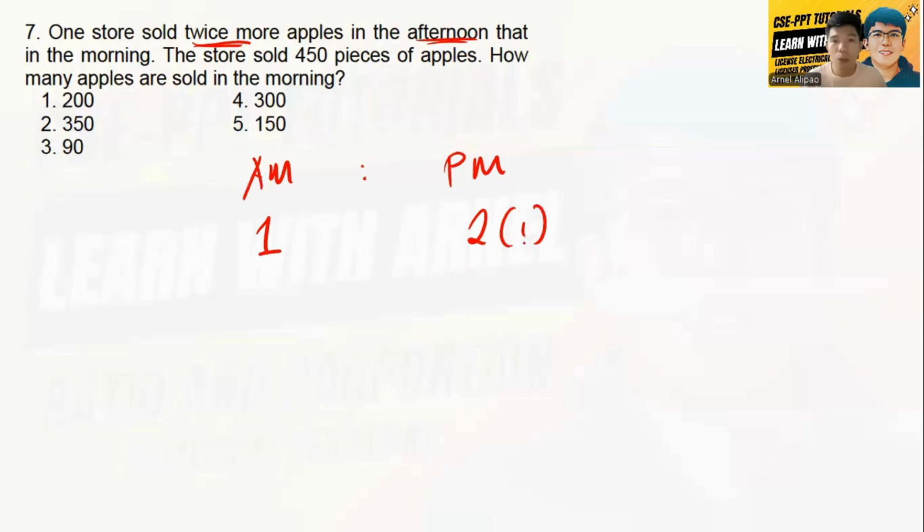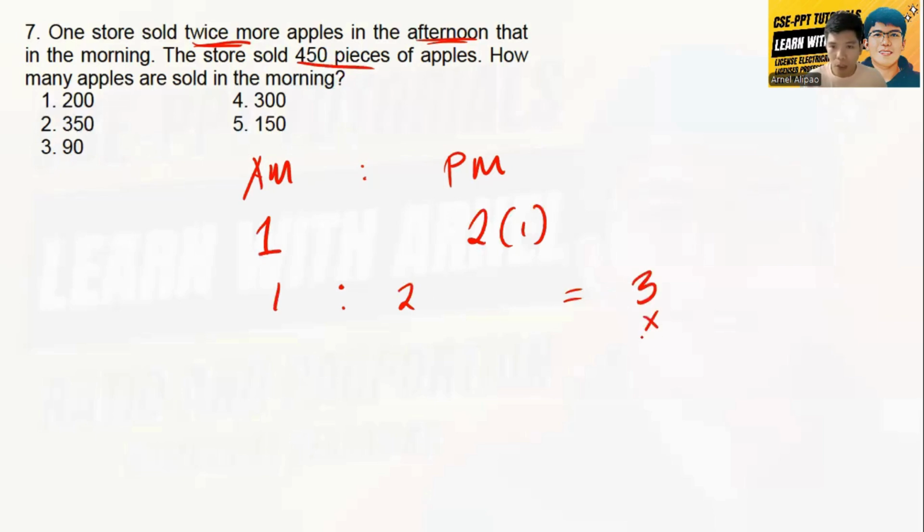So 2 times 1, 1 in the morning. So we have our ratio 1 is to 2. The store sold 450 pieces of apples. So that's the total. So again, the same thing we did, 1 plus 2, we're going to get the sum of our ratio. 1 plus 2 is 3.